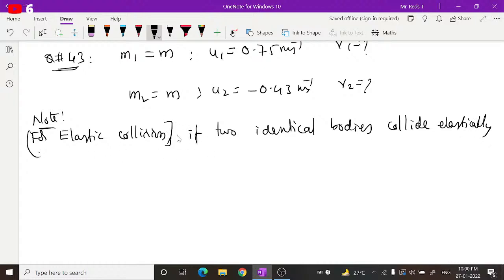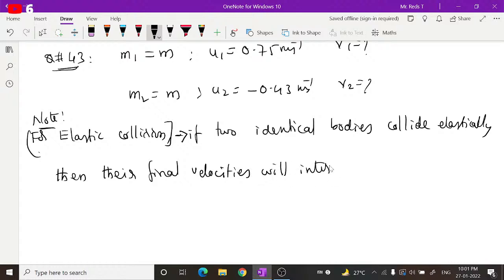You have to start the sentence from here: if two identical bodies collide elastically, then their final velocities will interchange.